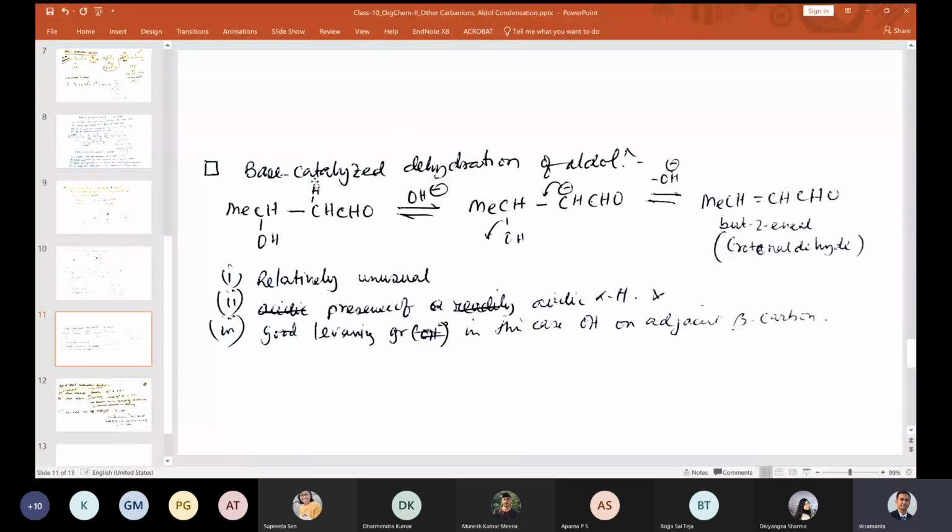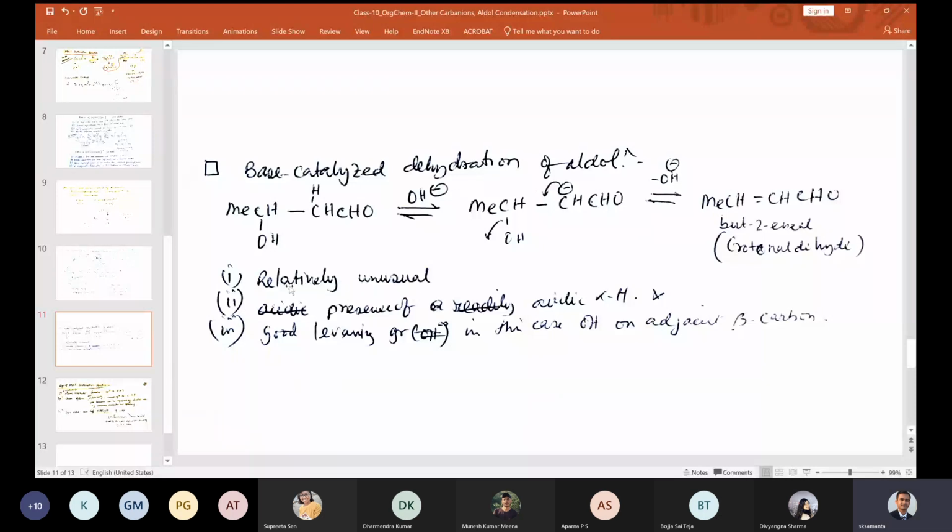How can this base catalyzed dehydration take place? In this case, you also need to have an acidic proton. So this OH minus can take up this proton. Then this OH has to be a sufficiently good leaving group. Only then will this negative charge come and this can go to get the same product, butenal, or it's called crotonaldehyde. But as I mentioned, base catalyzed dehydration is relatively unusual.